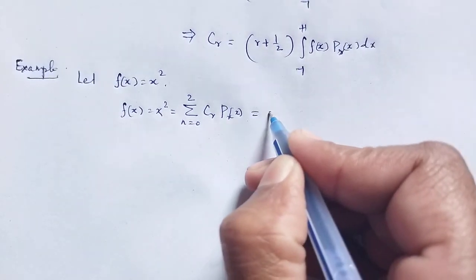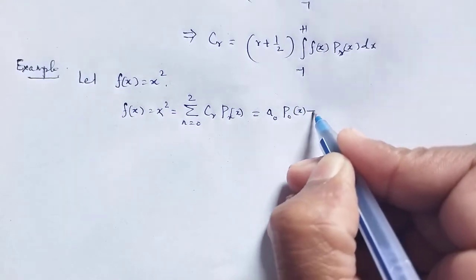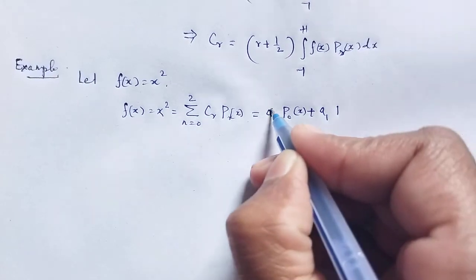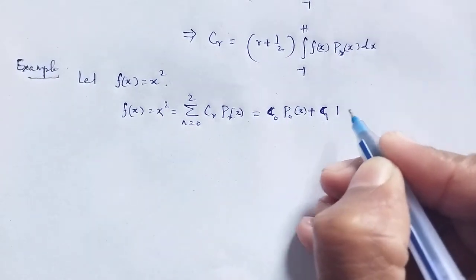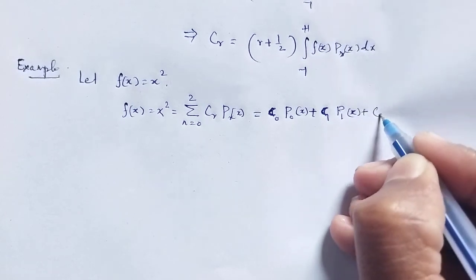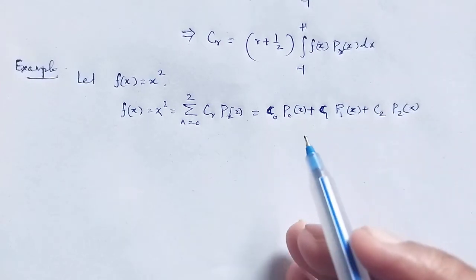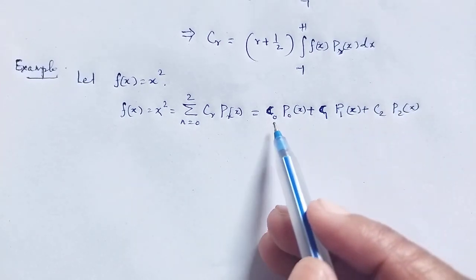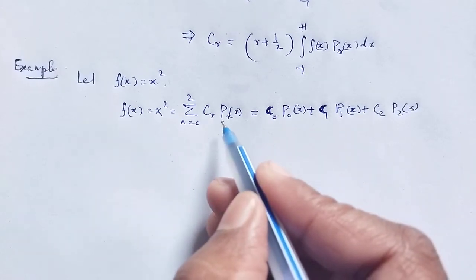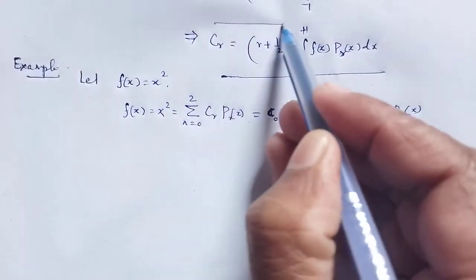We expand it as C naught P naught of x plus C1 P1 of x plus C2 P2 of x, where the C_r value is as follows.